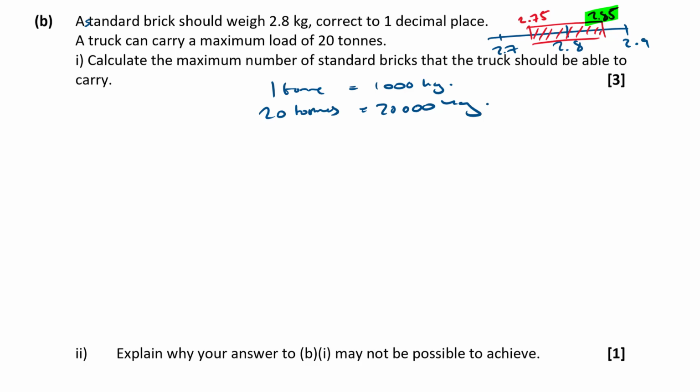So I've got 20,000 kg, and I know that 1 brick is 2.85 at its heavy end. So let's do number of bricks. That's going to be my 20,000 load divided by the weight of a brick, which is 2.85 in its worst case scenario.